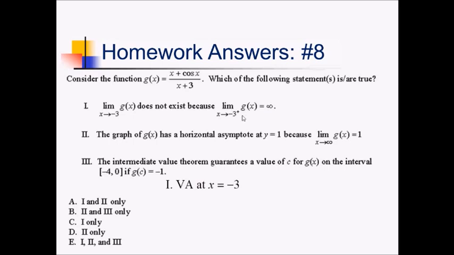To figure out which one it is, we're going to test an x value that's pretty close to -3 on the right side, such as negative 2.99. Now, if we plug negative 2.99 into this function, it's going to make the denominator positive. Anything to the right of -3 is going to make the denominator positive. How about the numerator? I'm not sure what cosine of negative 2.99 is, but I know it can't be more than 1.